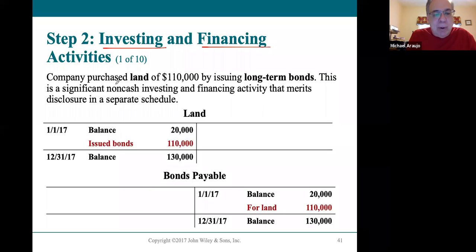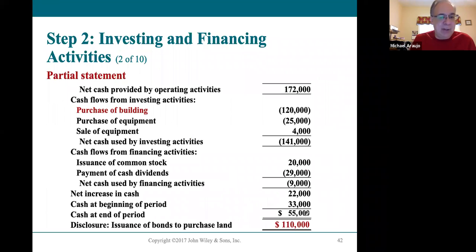You might remember the company purchased land of $110,000 by issuing long-term bonds. This was a non-cash activity. They bought the land by issuing bonds. It was a trade. We saw the land account increase and the bonds payable increase. This did not affect cash, so it's not going to show up on our cash flow statement. No cash was used.